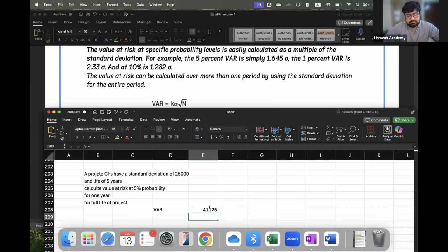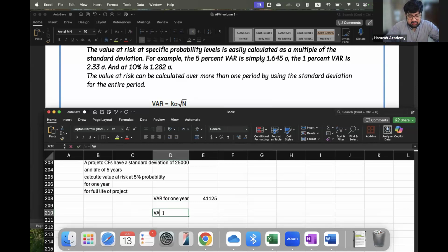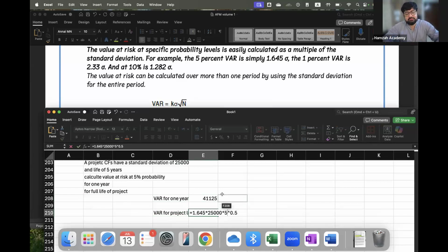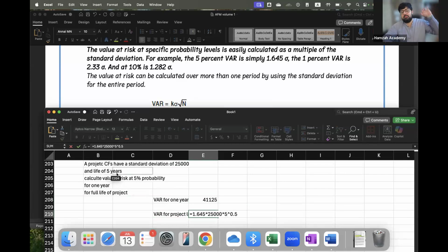This is the value at risk for 1 year. And for the value at risk for project life, all things remain the same, only the life changes to 5 years. Everything else will remain the same.